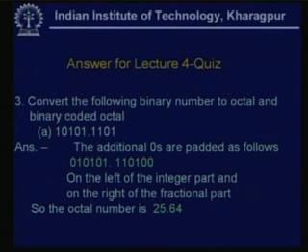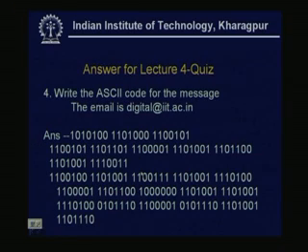Now, the next question, the fourth question, was: write the ASCII code for the message, the email is digital@iit.ac.in. ASCII means that for every character there is some 7-bit number. It is a very simple thing, and mainly for each character I have converted to 7-bit ASCII.